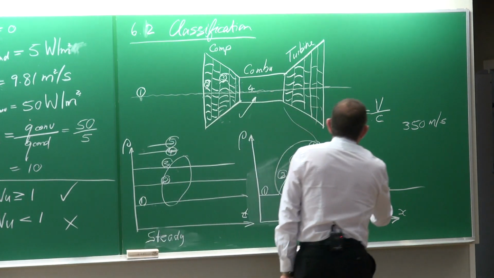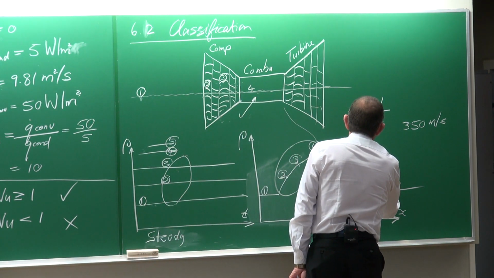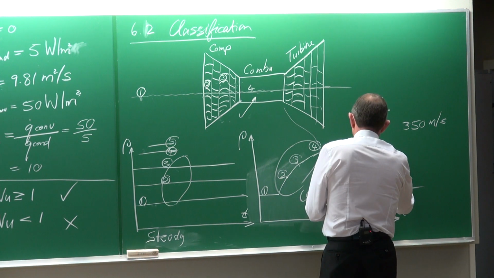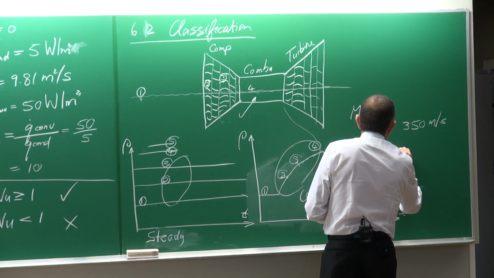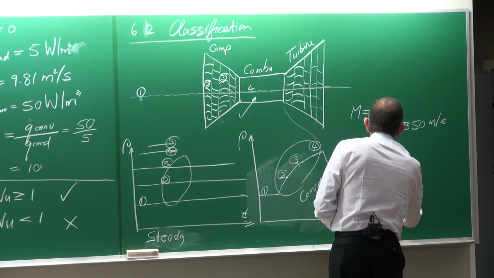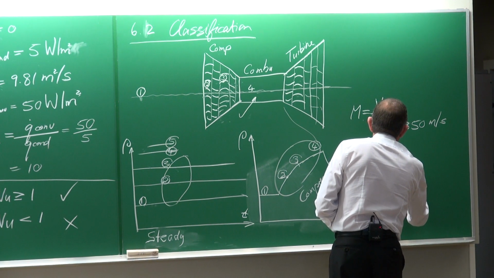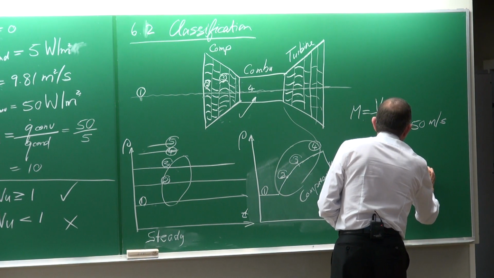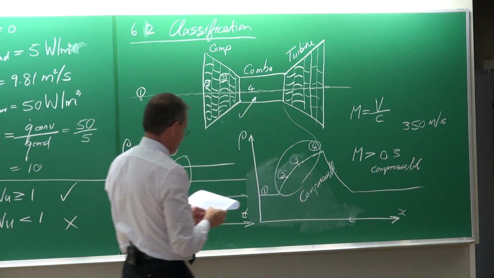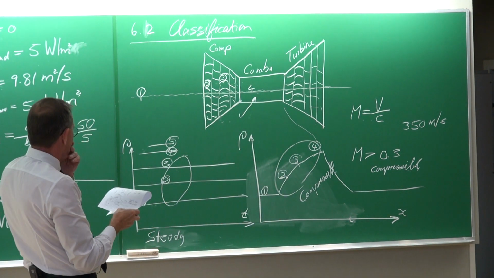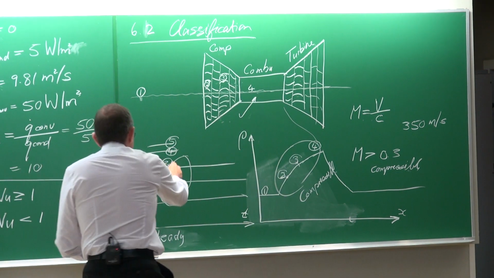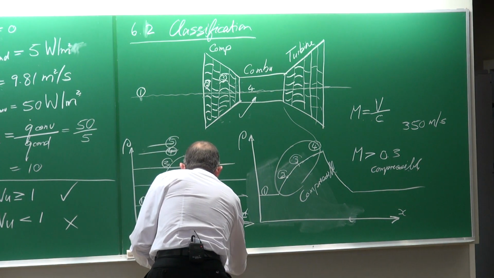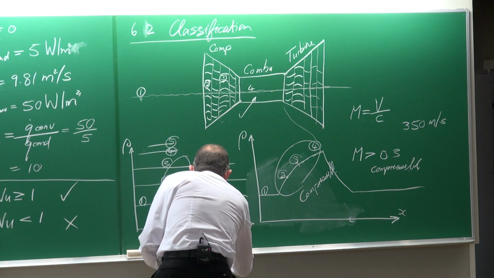So we normally say that the Mach number, if it's larger than 0.3, I think, then the flow is being considered as compressible. So this flow is steady because it's not a function of time.